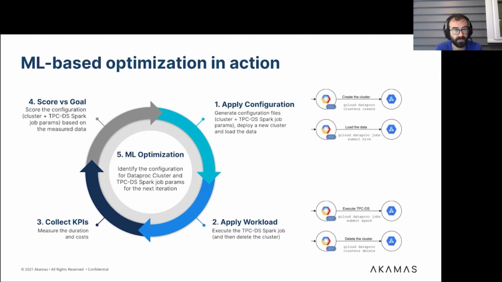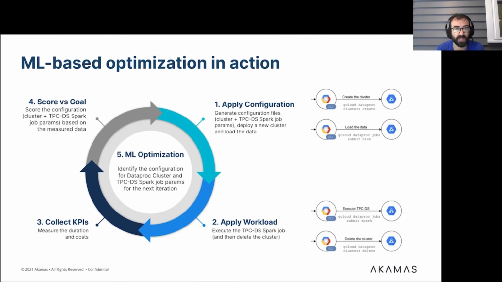In the collect KPI step, metrics related to the duration of the job and the cost of the cluster are collected. And in the score versus goal step, the score is computed based on the collected data and compared against the defined goal. In the machine learning-based optimization step, the next configuration is automatically identified by the machine learning algorithm based on the score of the previous iteration.